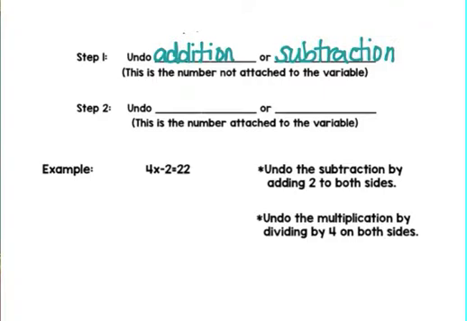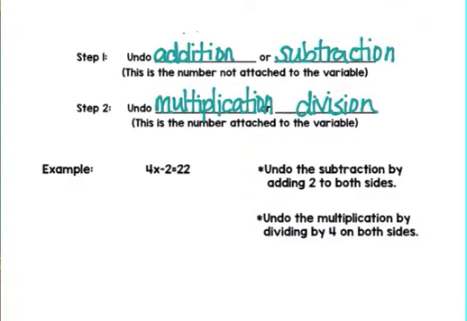This is the number that is not attached to the variable. We're going to see that in the example here in just a second. Step 2 is then to undo, what do you think? It's to undo multiplication or it's to undo division.